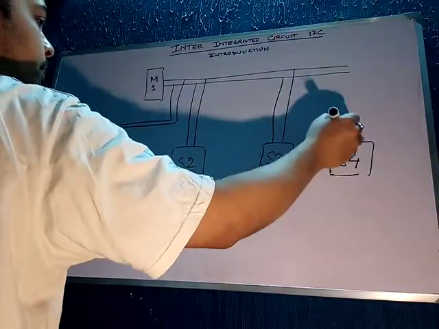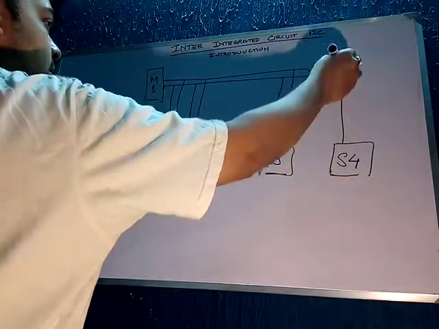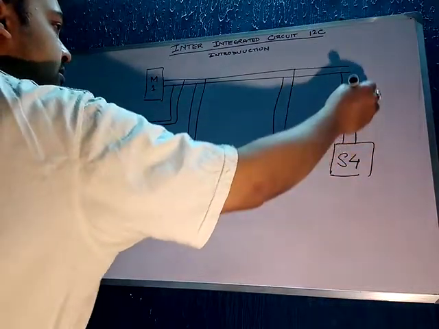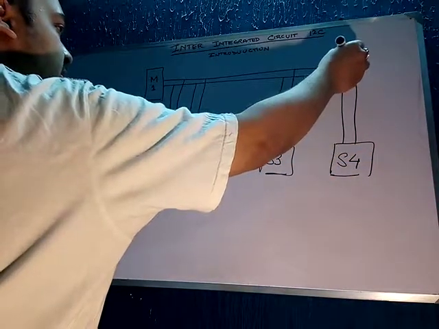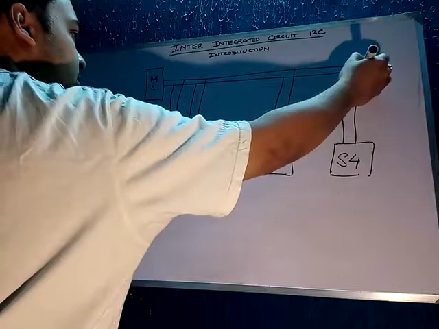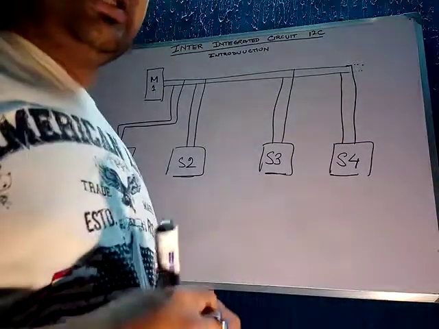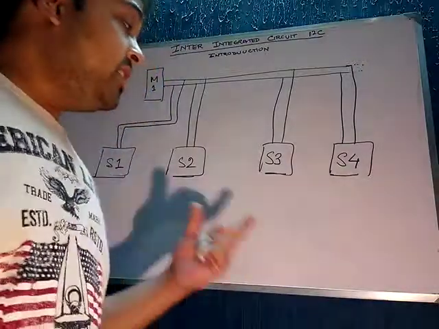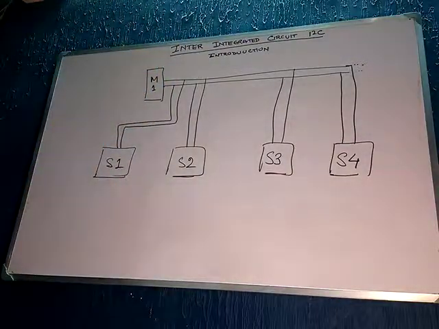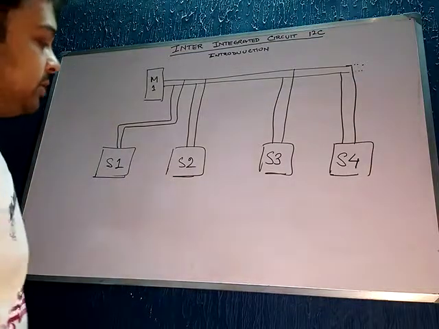And mind you, this has no limitation. Well, it does. I'll tell you what limitation it has. As of now, just think that there is no limitation, and also think that there is one master.